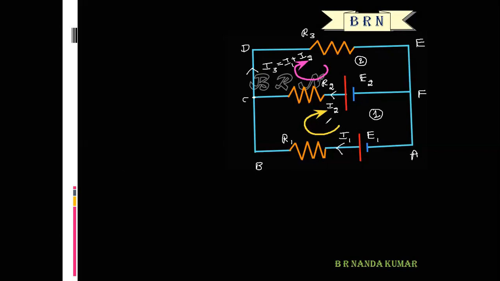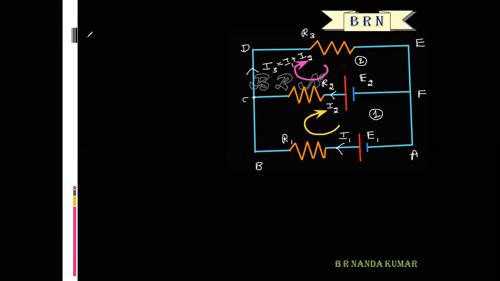In loop 1, the indication is clockwise. Even in loop 2, the indication is clockwise. That means clockwise currents and EMFs are taken as positive. Anti-clockwise is taken as negative.